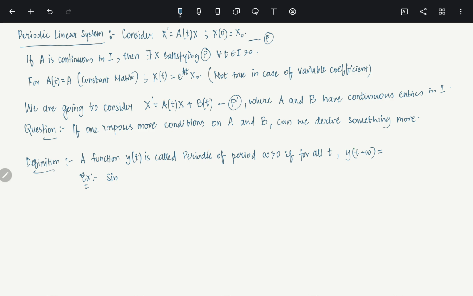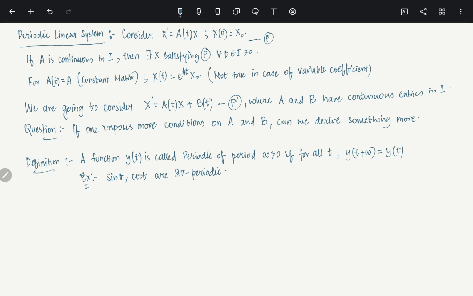Otherwise everything is the same. So sine of t or cosine of t are all 2 pi periodic. What does it mean? It means sine of x plus 2 pi is nothing but sine of x.